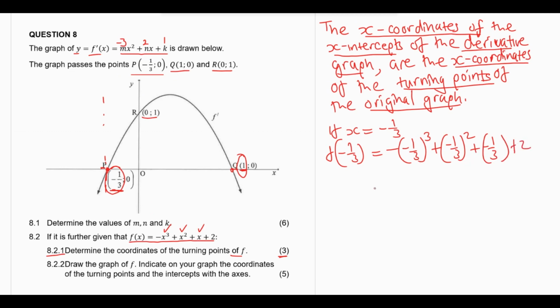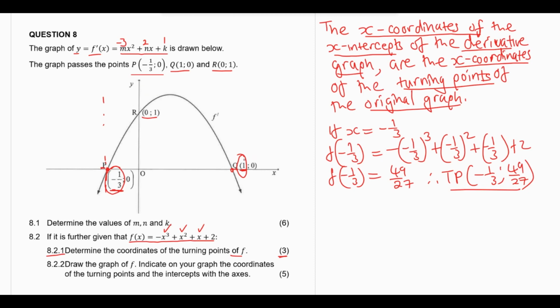And then we put this in the calculator, meaning that f of negative 1 over 3 is equal to 49 over 27. So therefore, the turning point when x is equal to negative 1 over 3 will have these coordinates. The x coordinate is negative 1 over 3, and then the y coordinate is 49 over 27. Okay, that's the first one.